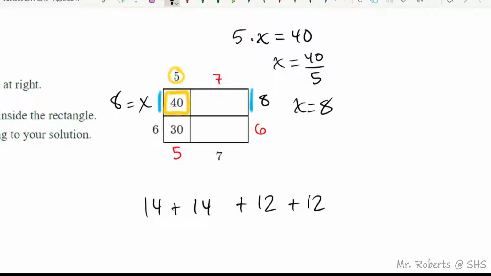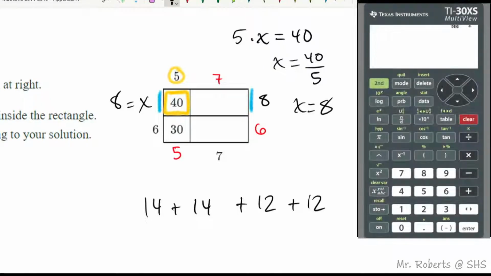Let's bring back up the calculator because why not? I can't add numbers together. So calculator, there it is. I'm going to take 14 plus another 14. That's 2 times 14, plus a 12 plus another 12, that's 2 times 12. So 2 14s plus 2 times 12.